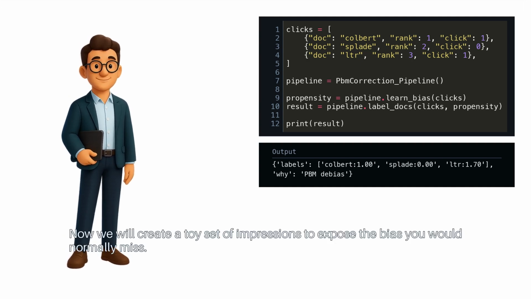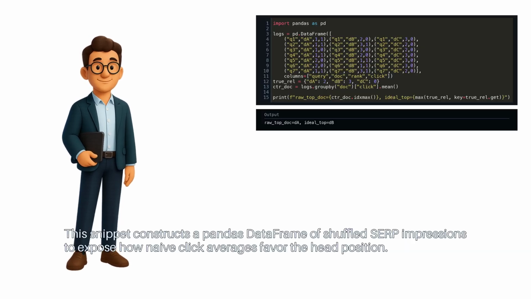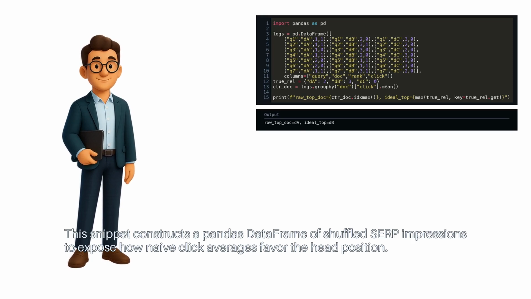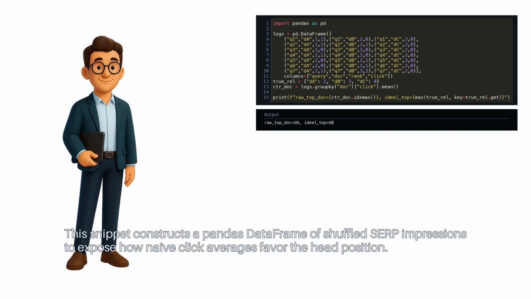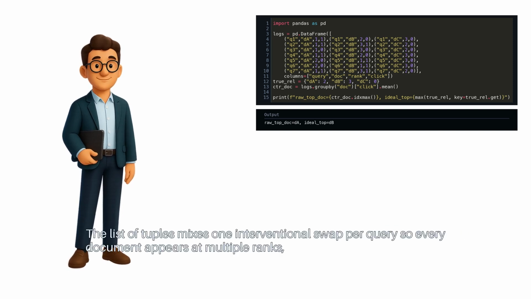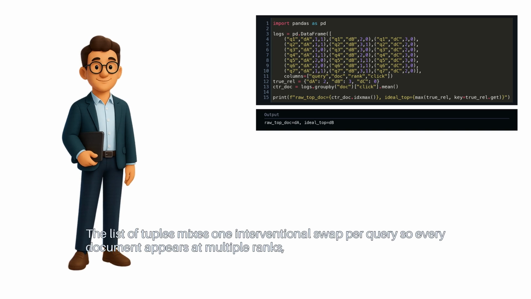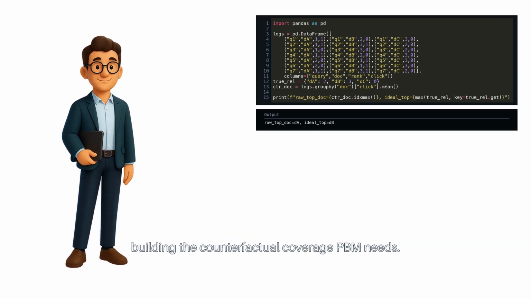Now we will create a toy set of impressions to expose the bias you would normally miss. This snippet constructs a pandas data frame of shuffled SERP impressions to expose how naive click averages favor the head position. The list of tuples mixes one interventional swap per query, so every document appears at multiple ranks, building the counterfactual coverage PBM needs.